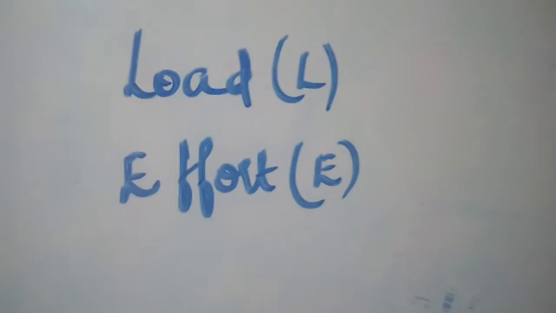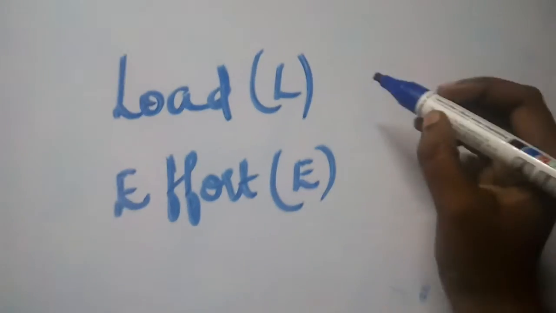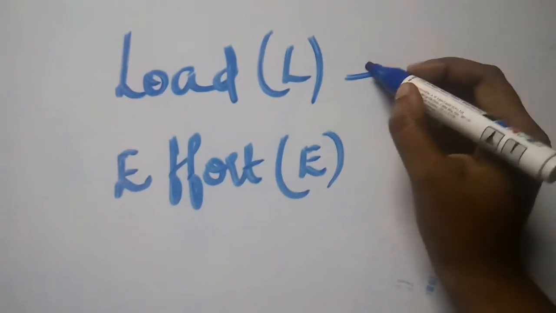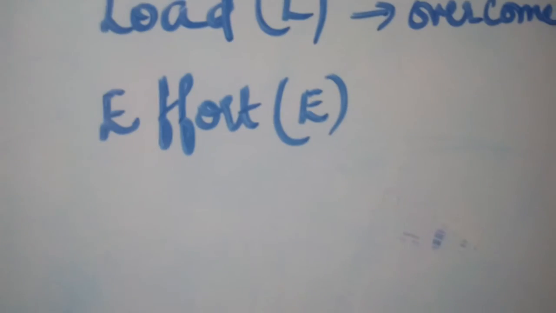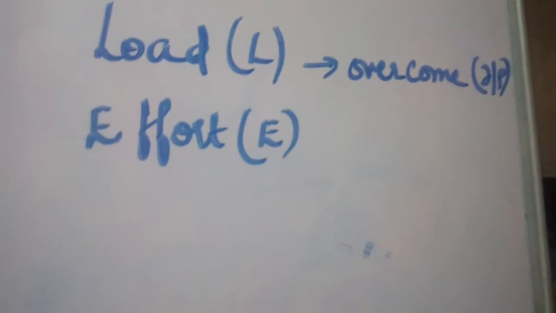We have to be familiar with some technical terms: load and effort. Load is something which we have to overcome with a force, so it is also a kind of force.